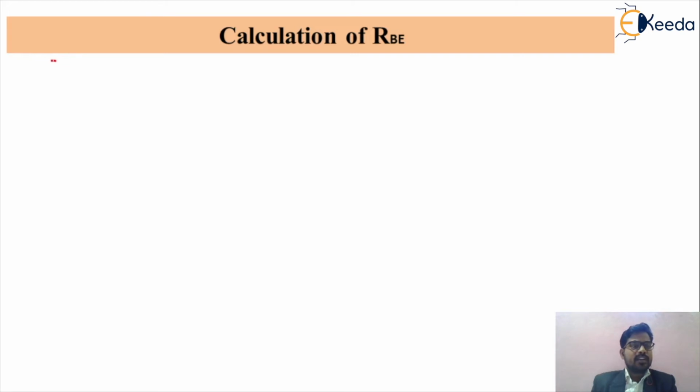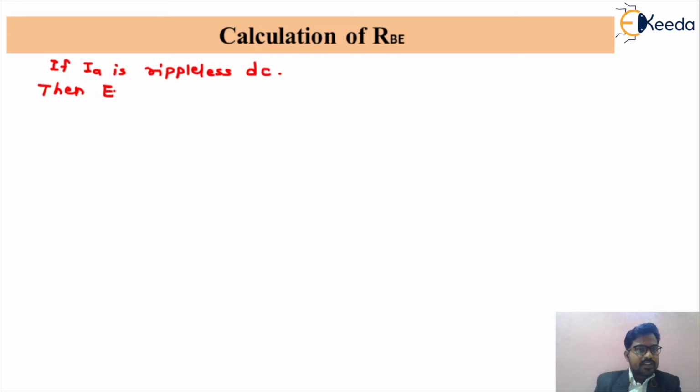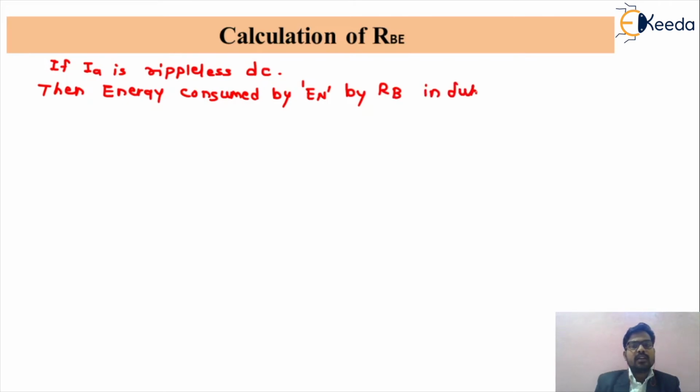First, if Ia is a ripple-less DC, then we can get the effective energy consumed, En, by Rb, that is the braking resistance, in the duty cycle of operation of your chopper.